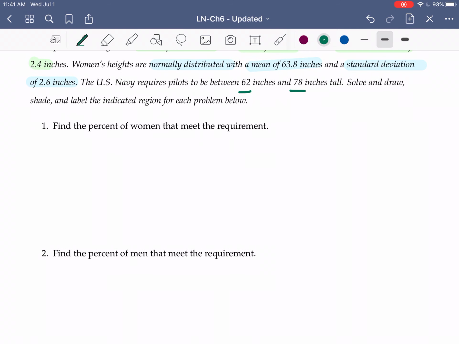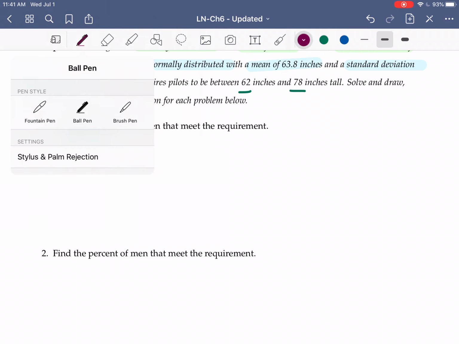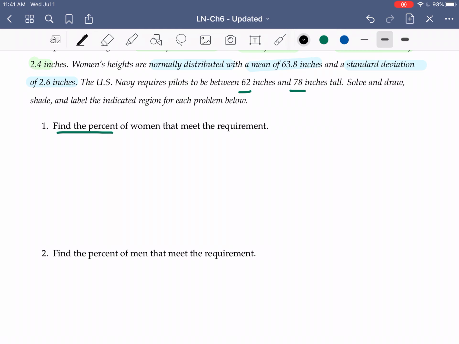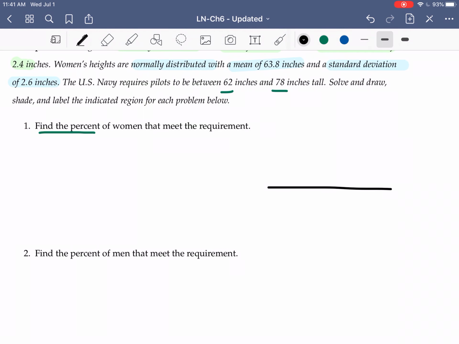And so here we want to find the percent of women that meet the requirement. And so in words, or in a picture, what we are looking for is women's heights, which are normally distributed. The mean height for women was 63.8.